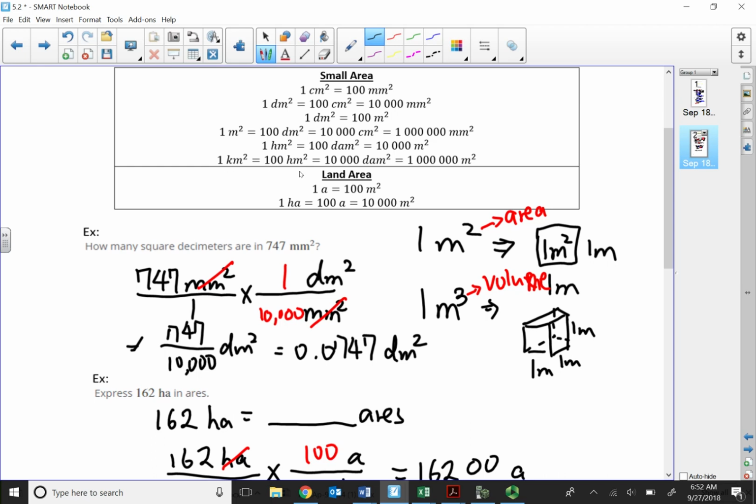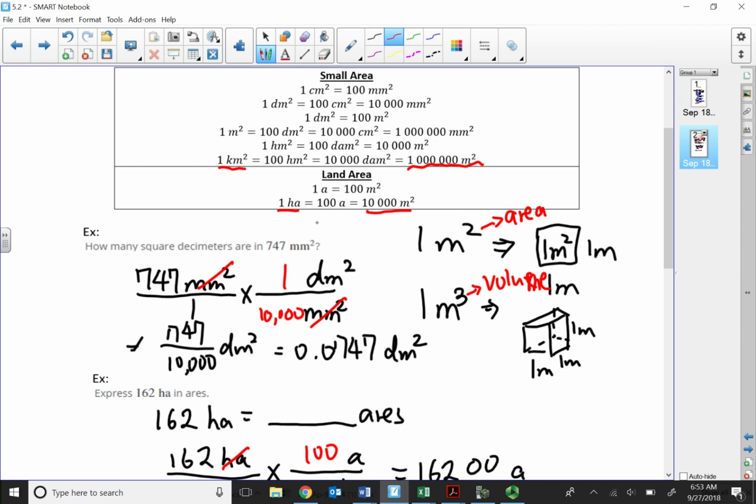Square kilometer can take me to square hectometer, square decameter, and square meter. Okay, so if you think about this, if I can go from hectare to square meters, and here I have a square meter right here, and in front of it is kilometer.